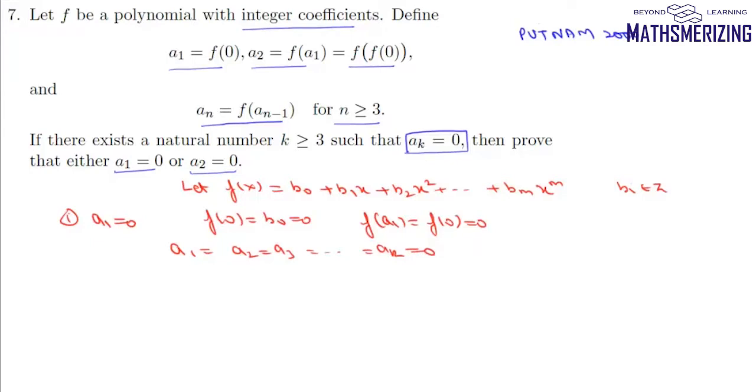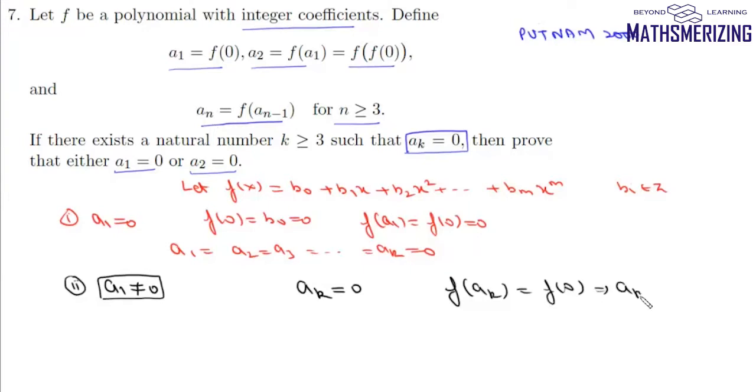Now we'll come to the second case, when a1 is not equal to 0. In the question we have some number k greater than or equal to 3 such that ak is equal to 0. Now we'll take f of ak, then f of ak will be f(0). Now f of ak is nothing but ak+1. So ak+1 is equal to f(0), and f(0) is a1.